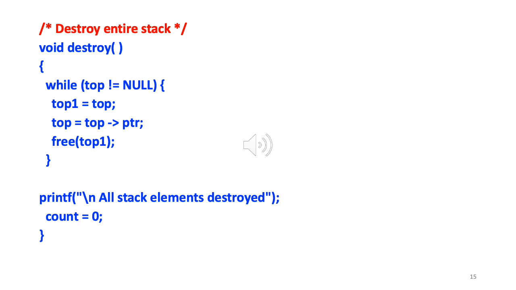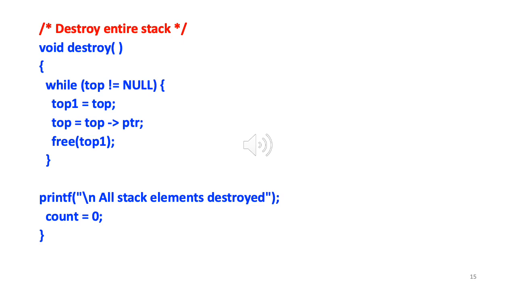So how can we accomplish this? The input is a stack with a set of nodes and a pointer pointing to the top of the stack, which is start top. Right. So what we do is we delete one at a time. How do we know when we have to stop deleting?